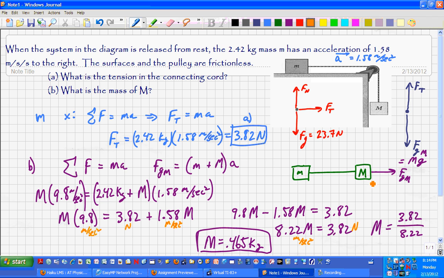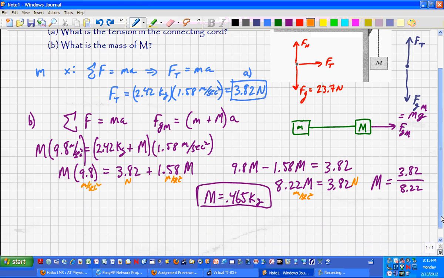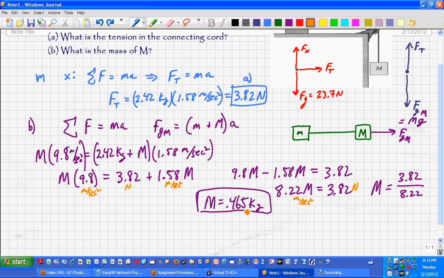So I wind up with newtons divided by meters per second squared.